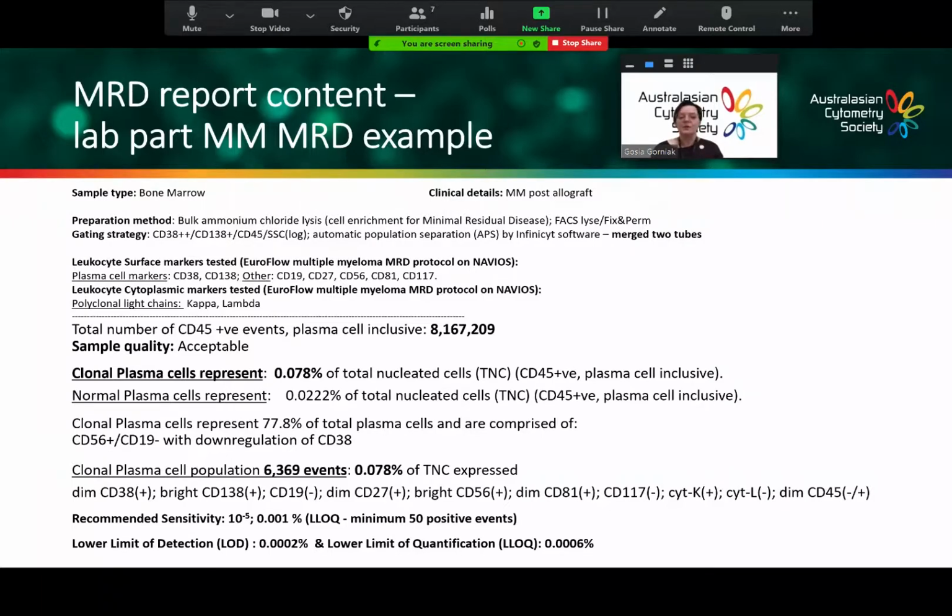The other part which is critical and needs to be shown in the body of the report is your calculated limit of detection, in which you use 20 cells divided by your collected cells. The denominator in this case is 8,167,209 cells. My God, it's too many cells collected.